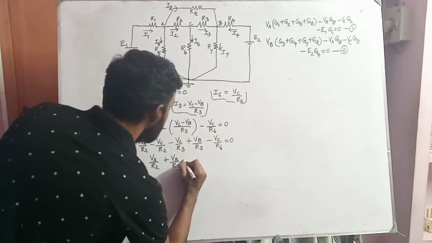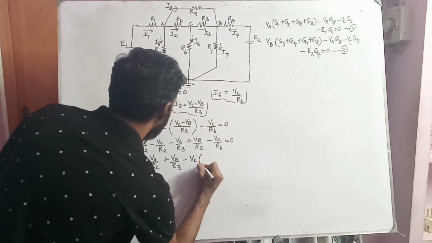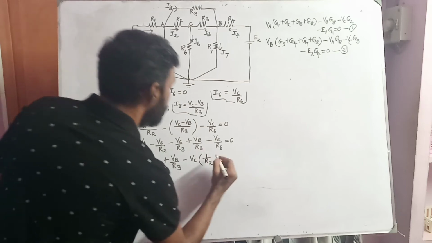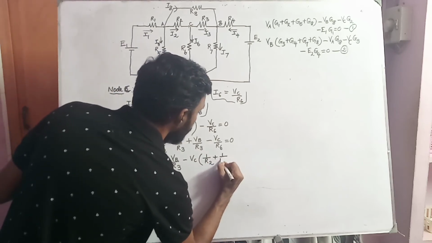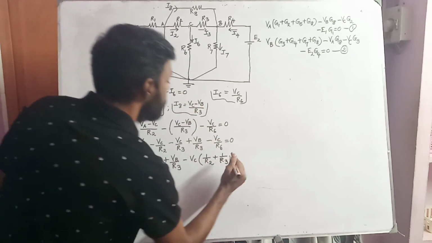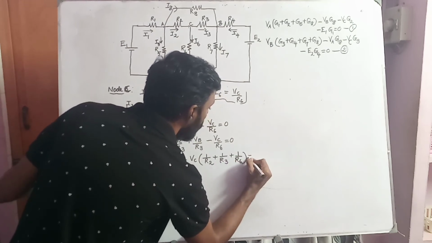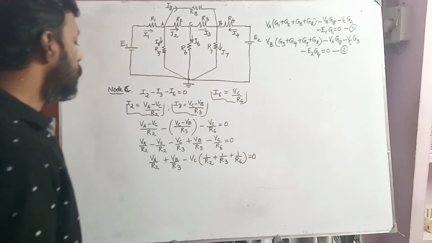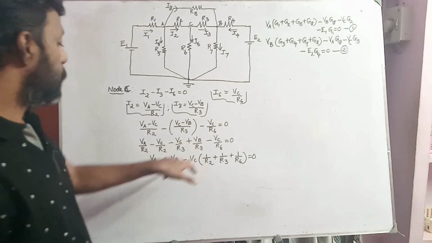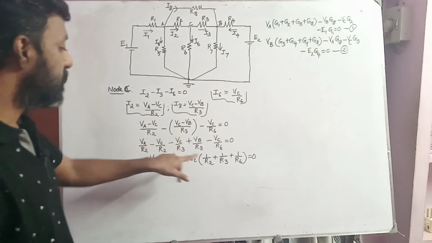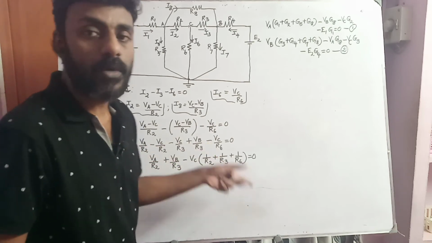So VA by R2 plus VB by R3 minus VC into 1 by R2 plus 1 by R3 plus 1 by R6 equal to 0.